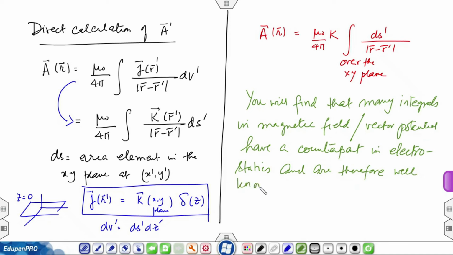So, you do not really have to calculate them, use that in your calculations.